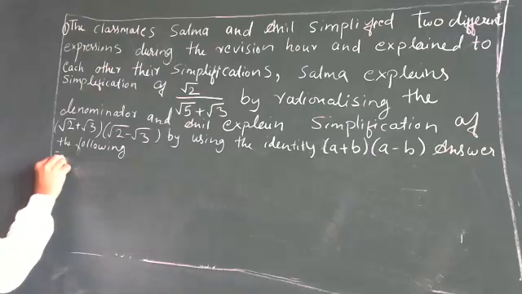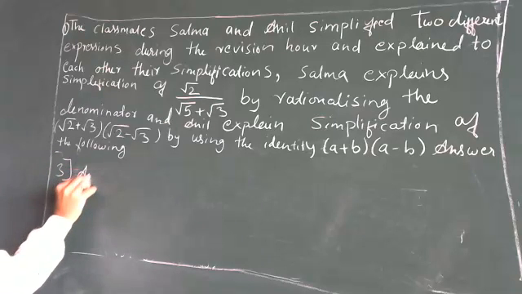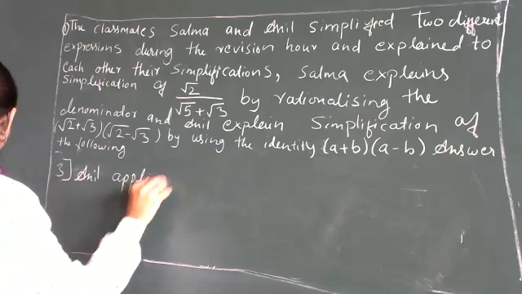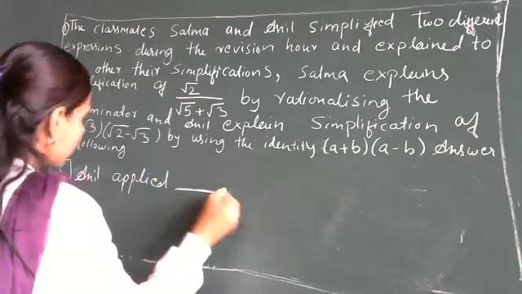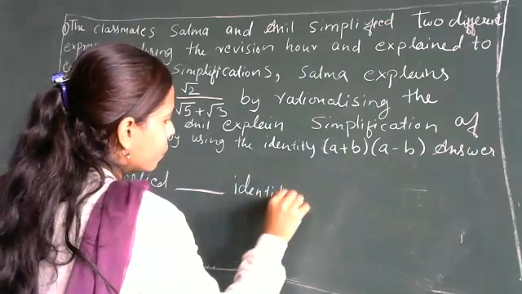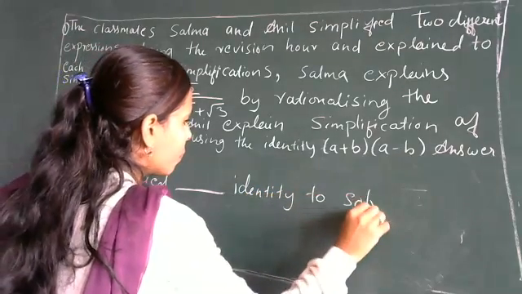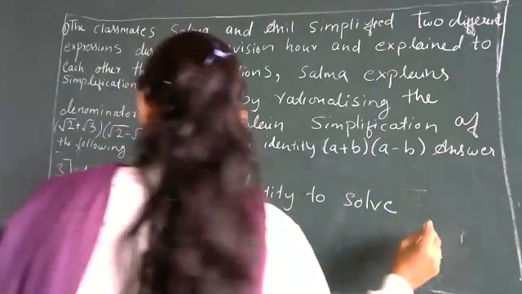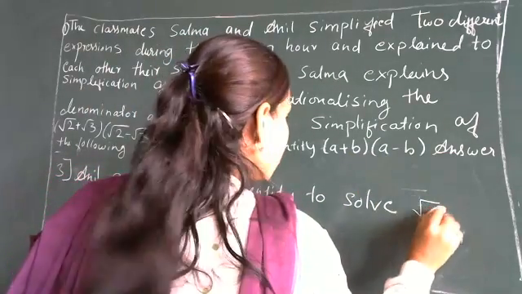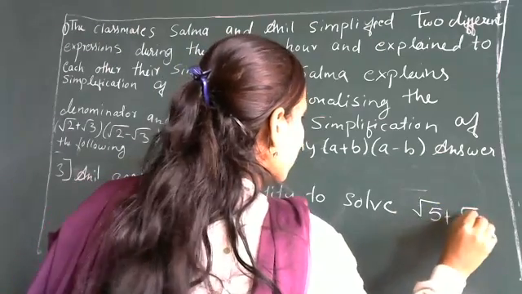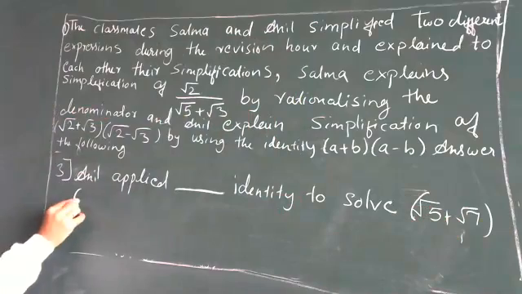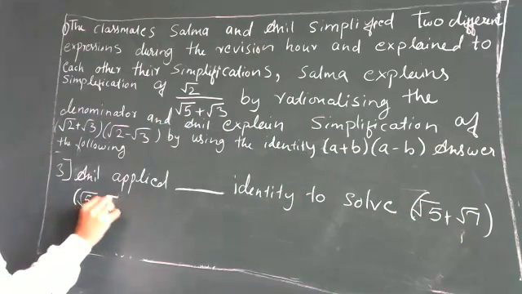That is the third one. Anil applied which identity to solve (root 5 plus root 7) into (root 5 minus root 7)?